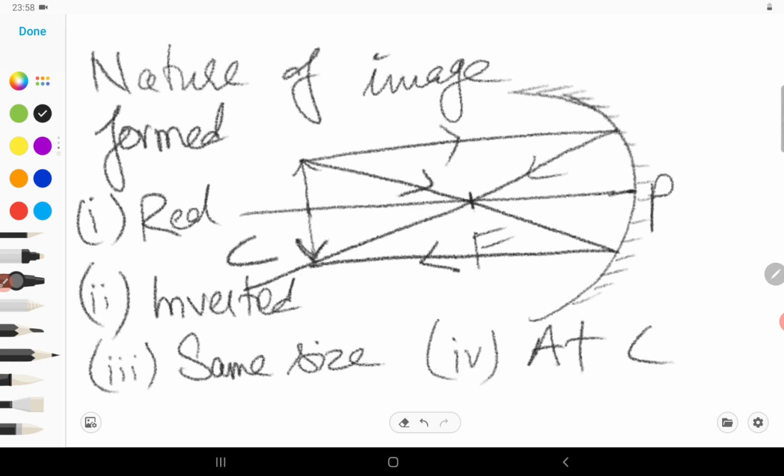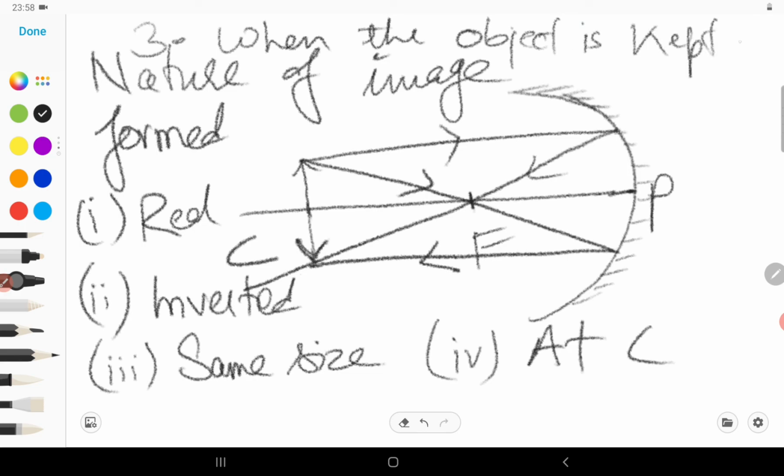So this is all about this particular diagram and condition, right? So this was the third condition, and it was for when the object is kept at C, at the center of curvature.